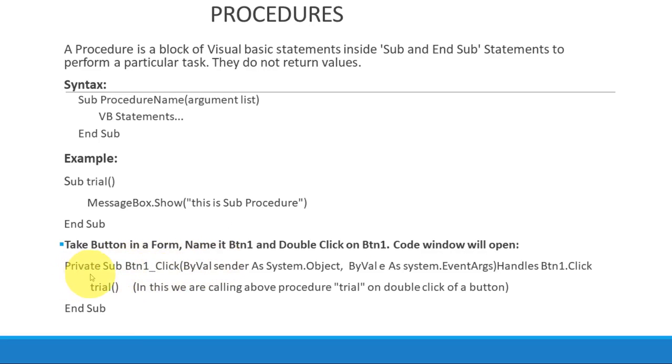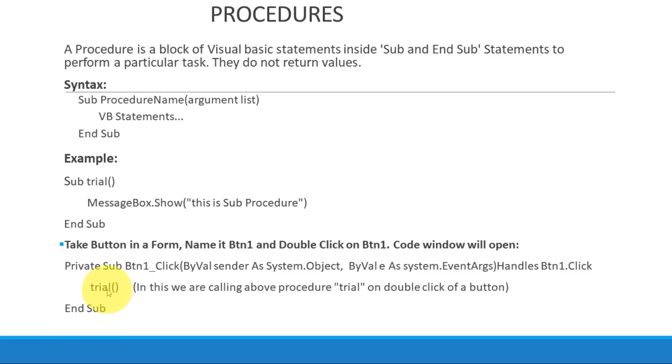This is the button, and the click event has been done. Now within this Sub and End Sub, I have written trial. I am calling the trial procedure.